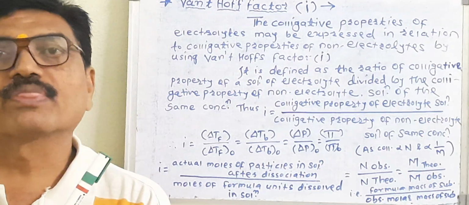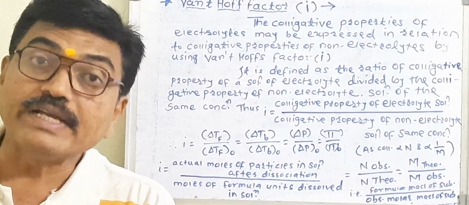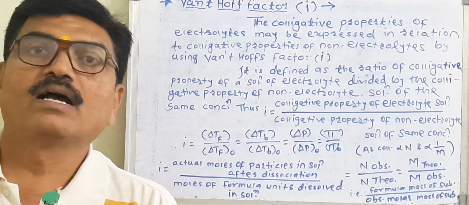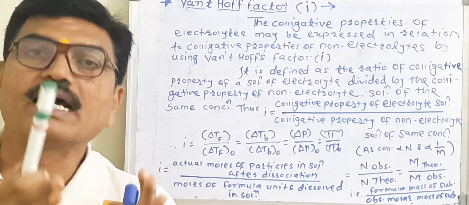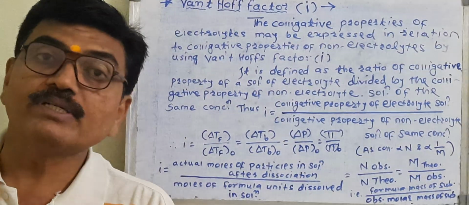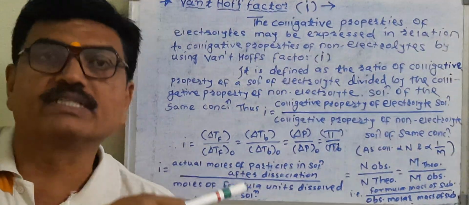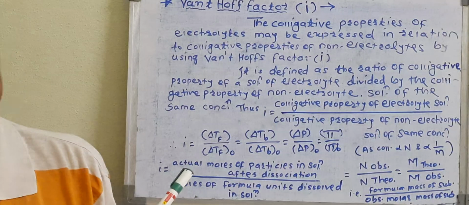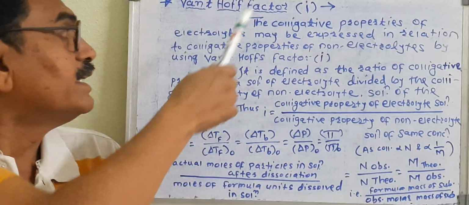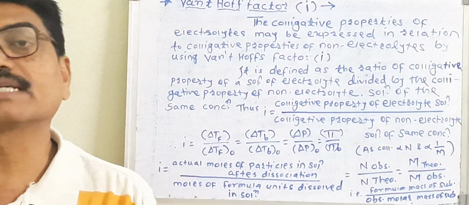That is, the qualitative properties of the solutions of electrolytes are compared with, or studied in relation to, the qualitative properties of the solutions of non-electrolytes of the same concentration. So this can be studied using the Van't Hoff factor. Now see how this Van't Hoff factor can be defined.